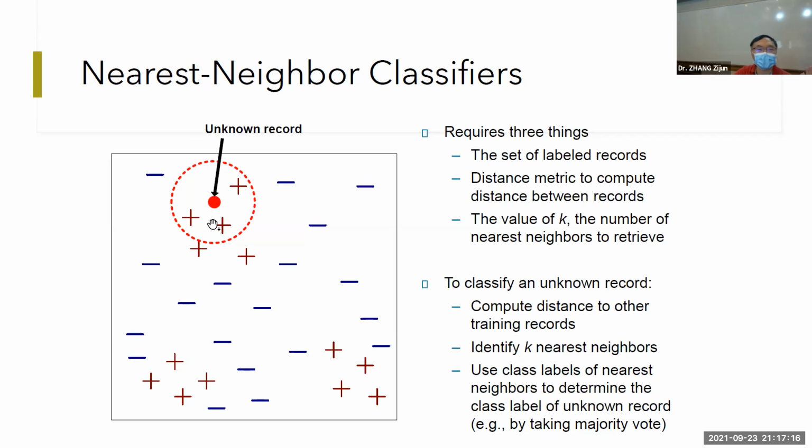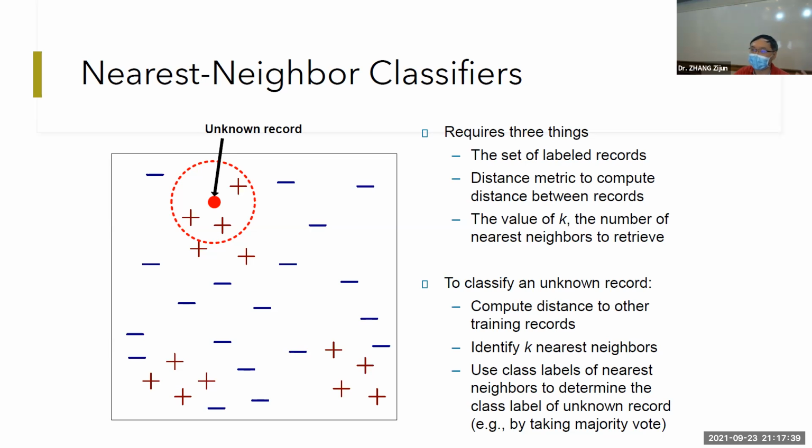Why is it troublesome? Assume you have an observed data set which has 1 million records. Then a new data point comes in. You need to compute its distance to each of these million records. That means you need to compute 1 million distances.